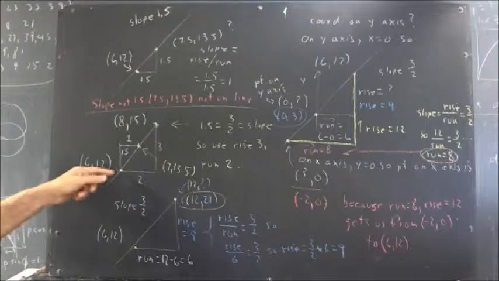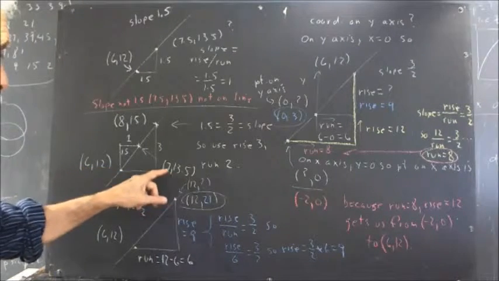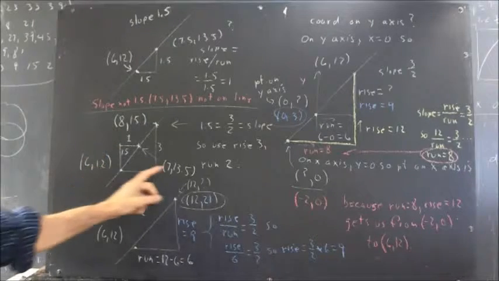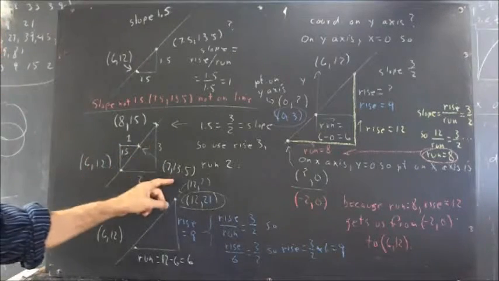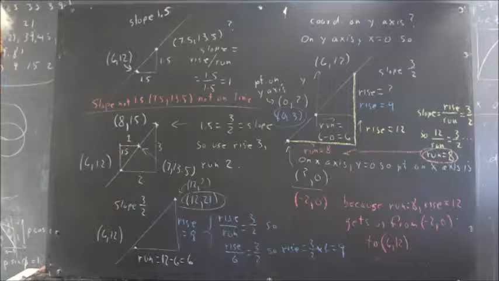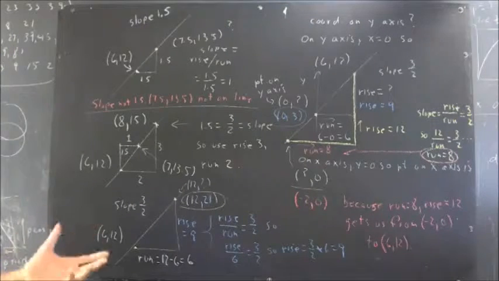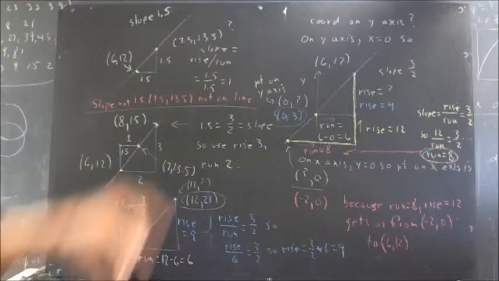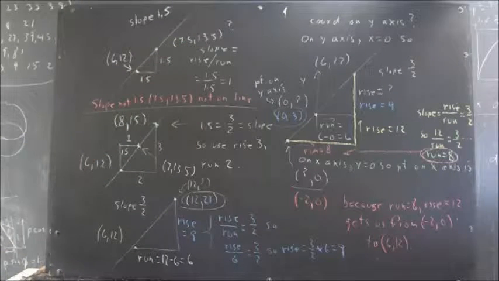If we do that, we go over 1, that gets us from 6 to 7, and we go up 1.5, taking us from 12 to 13.5. And here's a point on our line. Now, one of the 3 points is supposed to be the y-intercept, but we're going to get to that in a minute.